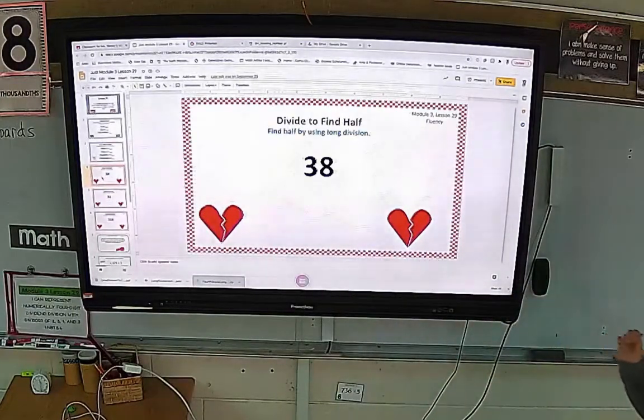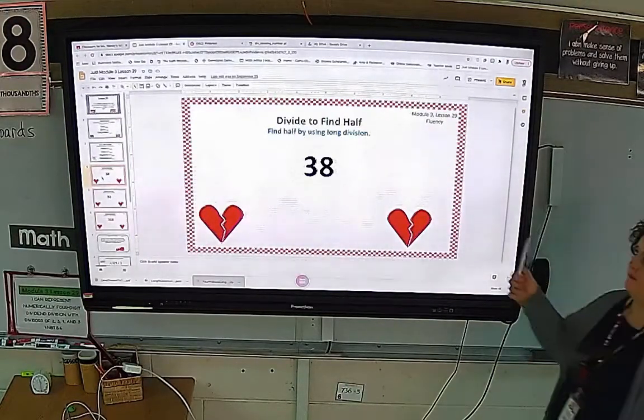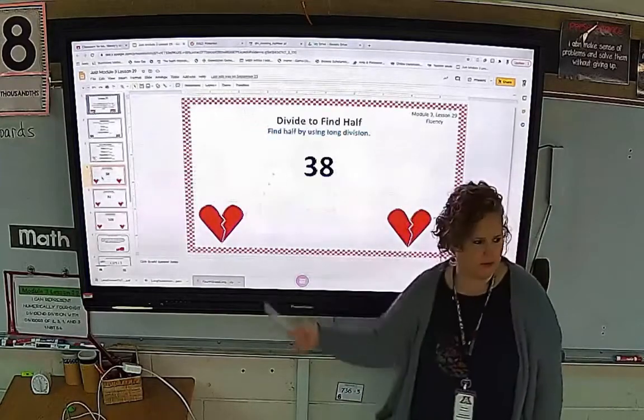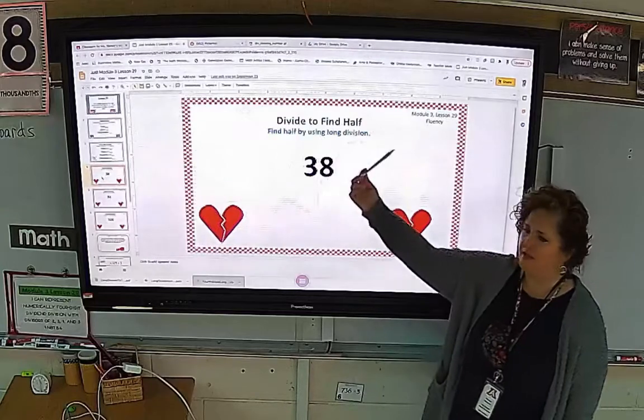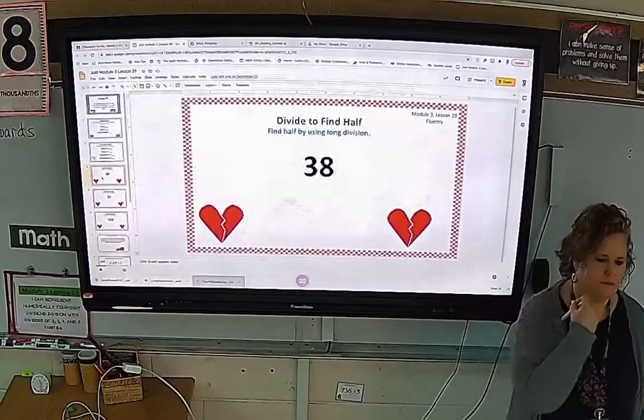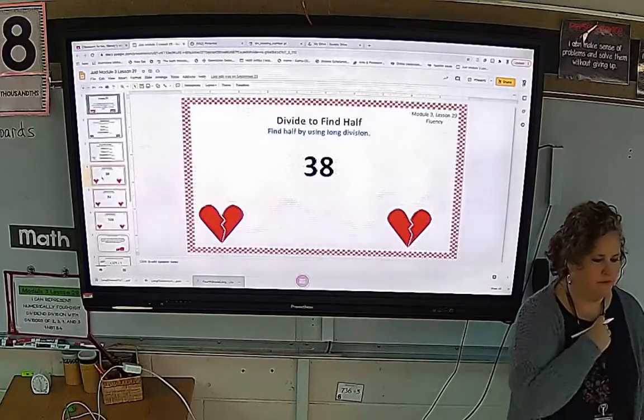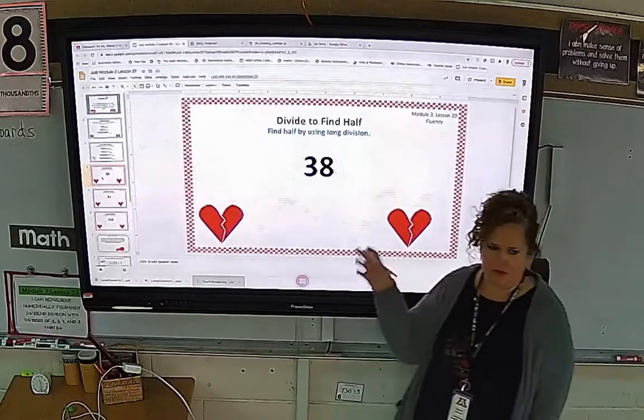All right, look at this problem right here. If you don't read the fine print, the small words, and you're not sure what we're going to do with this, it says find half by using long division. Find half of this number with long division.